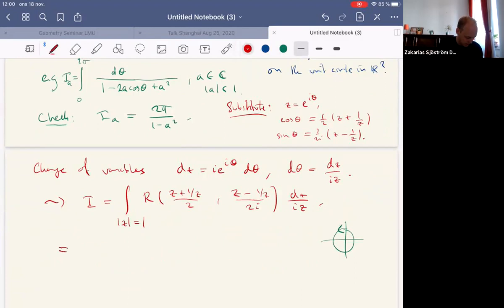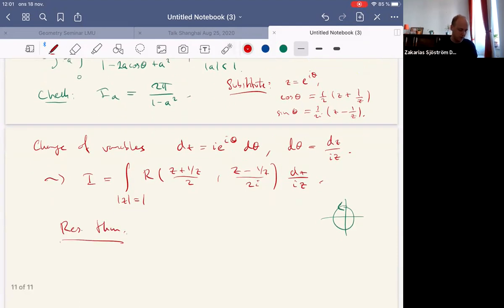So by the residue theorem, this would be equal to 2 pi i times the sum of residues. Okay, but actually I don't want to write all of this, so then just apply the residue theorem, because I want to very soon pass on to the next topic. So this was the number 1.